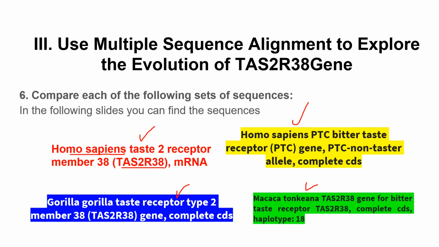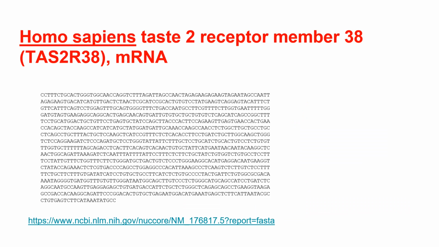This one is too long, so you can call it Homo sapiens PTC non-taster. If you want, use a part of the name that makes clear what you are comparing, but remember, not the entire name. And here you can find the different sequences. This is what you have to copy and paste, and I color coded it for you.